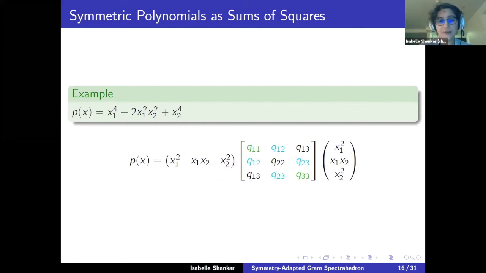When that plays out, we get that Q11 and Q33 are equal, and Q12 and Q23 are equal. So we've reduced the problem size of writing this polynomial as a sum of squares from a 6 variable problem to a 4 variable problem.